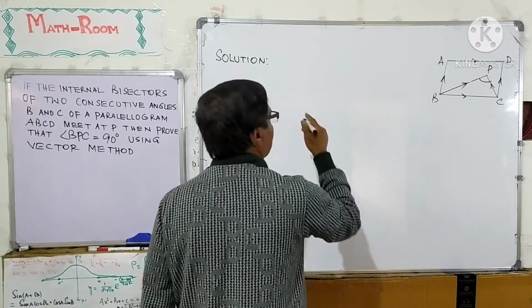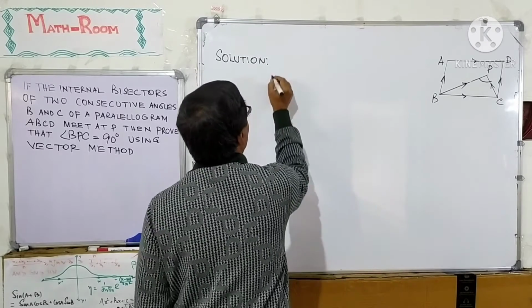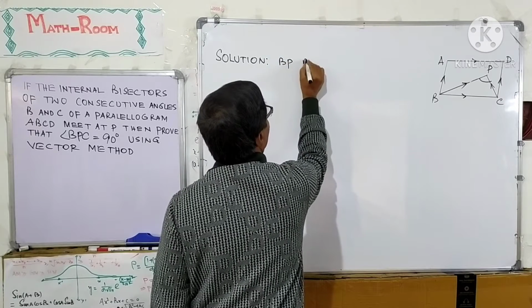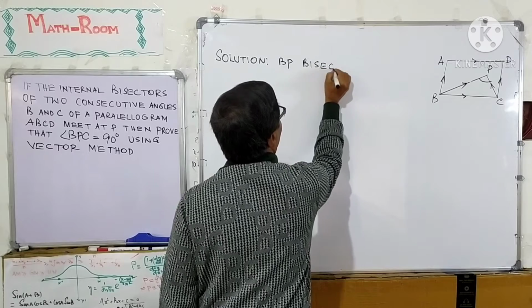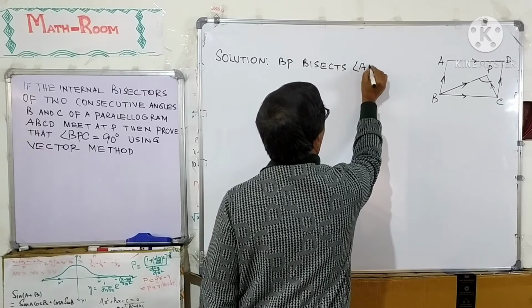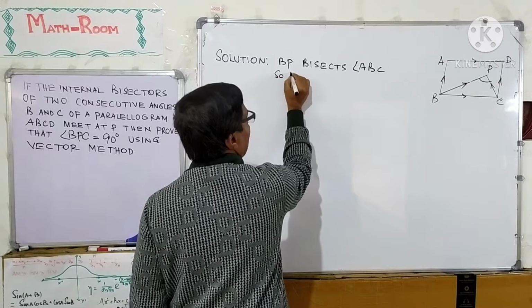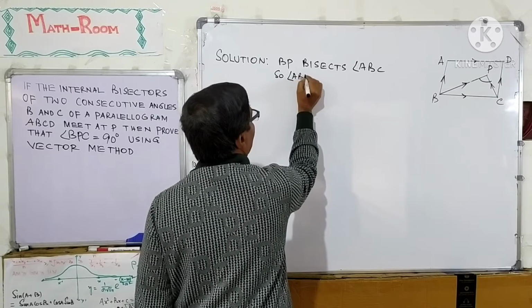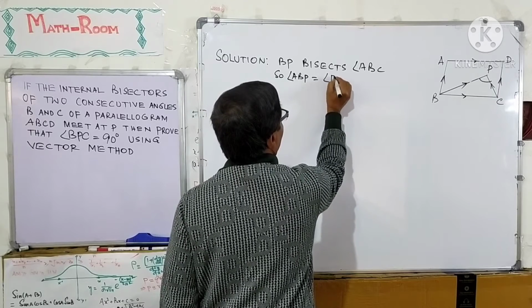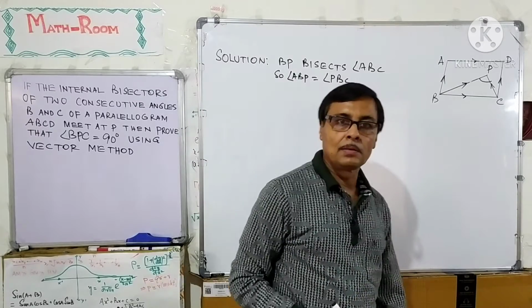Now, here BP bisects angle ABC. So angle ABP equals angle PBC, because BP is the bisector of the angle ABC.